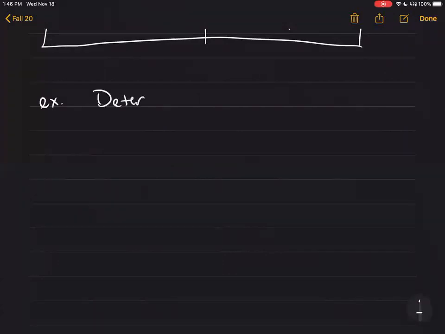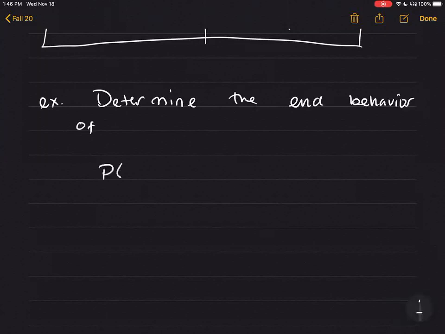So determine the end behavior of, and let's do p of x equals, I don't know, something weird, like negative 2x^5 plus 3x^2 minus, I don't know, 364.